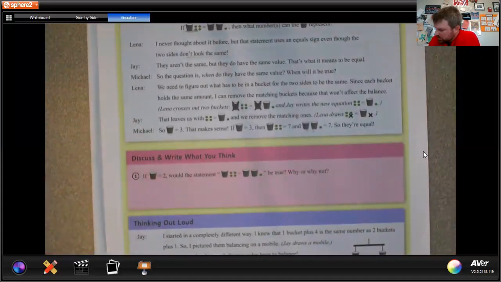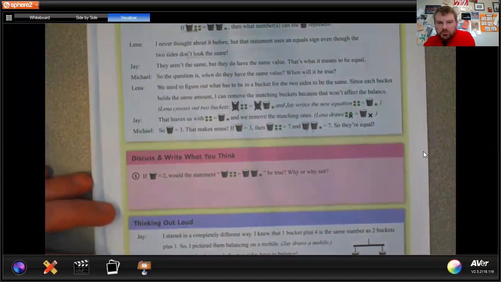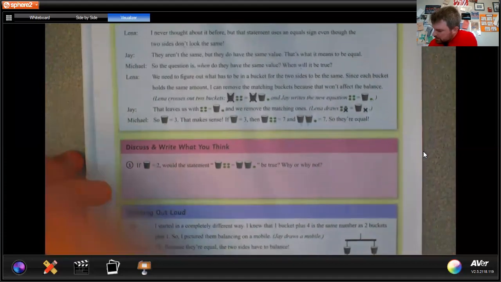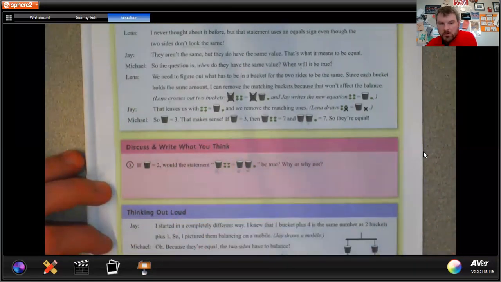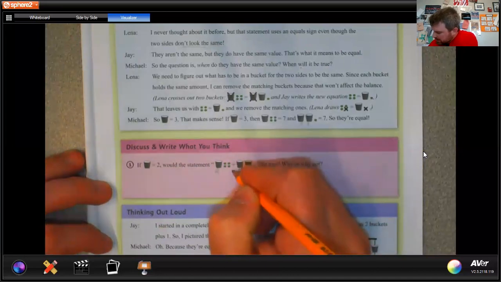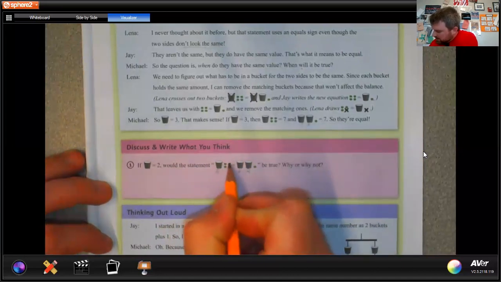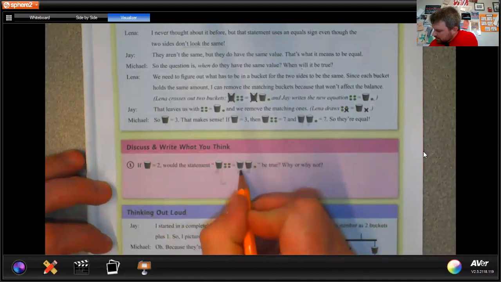So let's work on number 1 here. If a bucket equals 2, would the statement a bucket and 4 marbles equals 2 buckets and 1 marble be true? Why or why not? Okay, so we're actually going to use a substitution property here. This bucket is worth 2, and this bucket is worth 2, and this bucket is worth 2. So if we divide these sides up, I've got 2, 3, 4, 5, 6 on this side, and 2, 3, 4, 5 on this side.